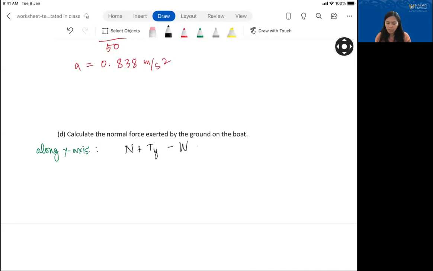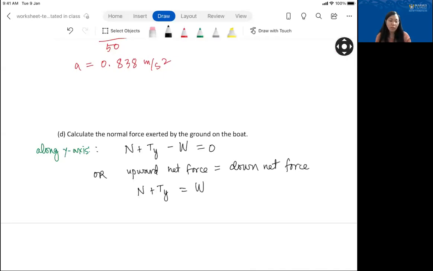The net force should equal 0 because your object's not moving up or down. Or you can also say that the upward force should equal the downward force. So normal plus tension Y should be equal to the weight force.